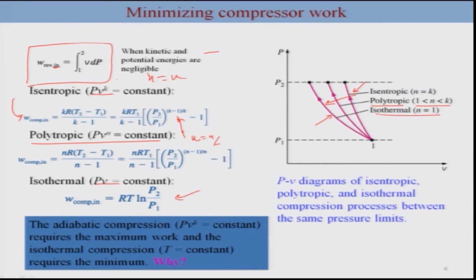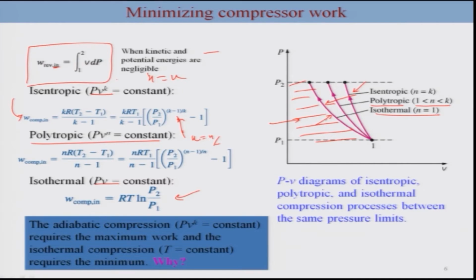Whatever the work here, work is nothing but the area under this curve. This would be the area for isothermal, that is, the area covered from here to here on this axis would be the corresponding work, because as you said, it is not a P dV integral, it's a V dP integral.